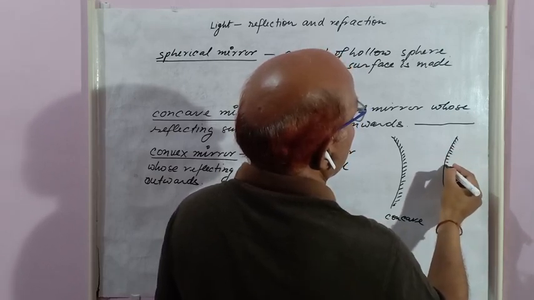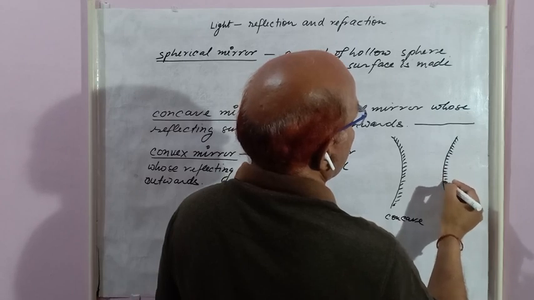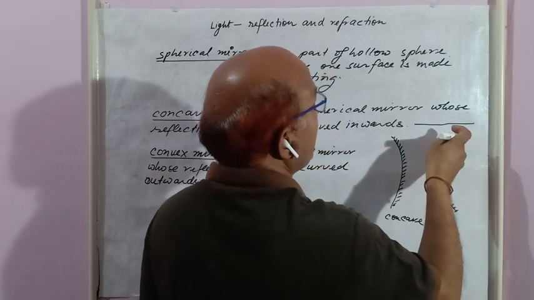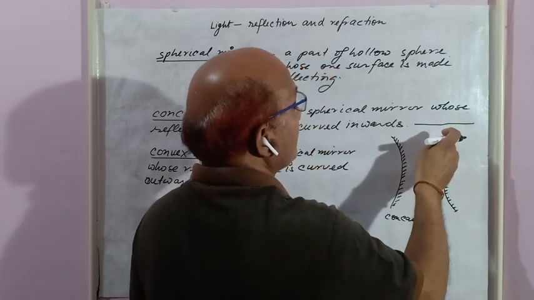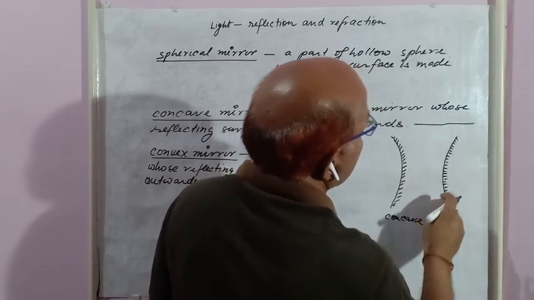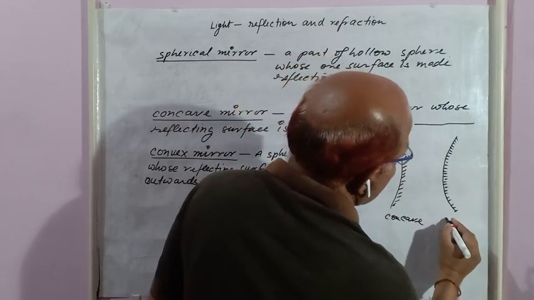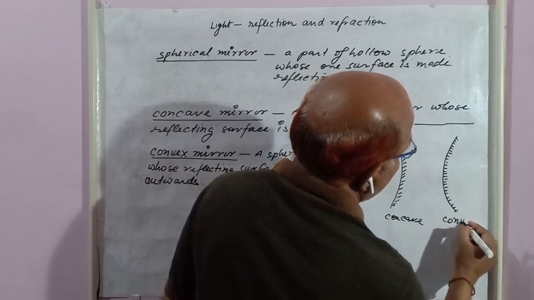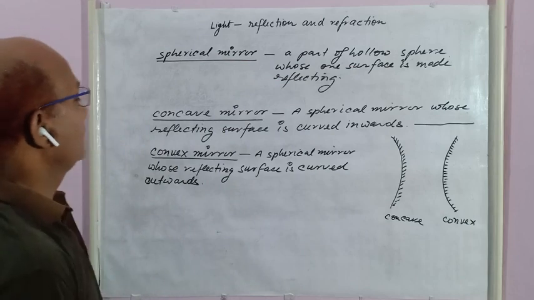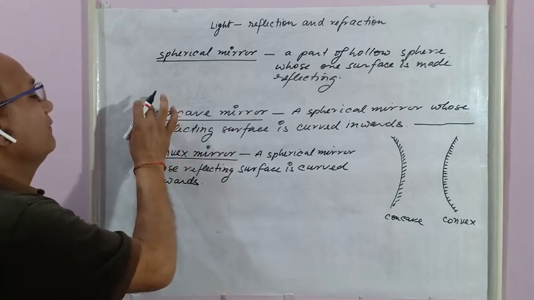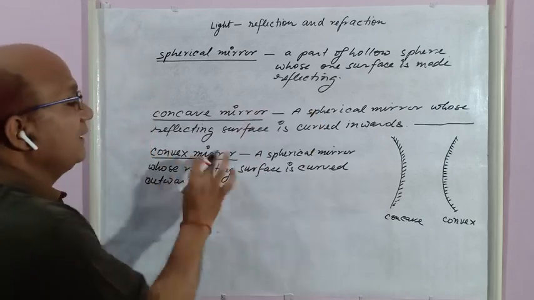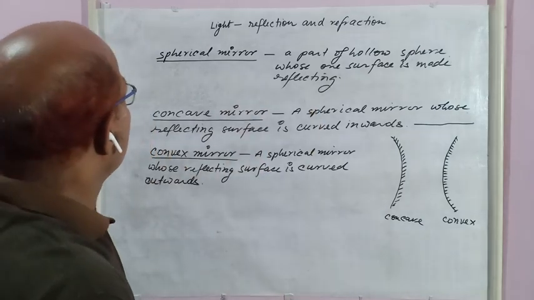This is polished from this side. It is curved and curve is outward. It is reflecting surface and it is outward, so it is convex mirror. So we have discussed here concave mirror and convex mirror.